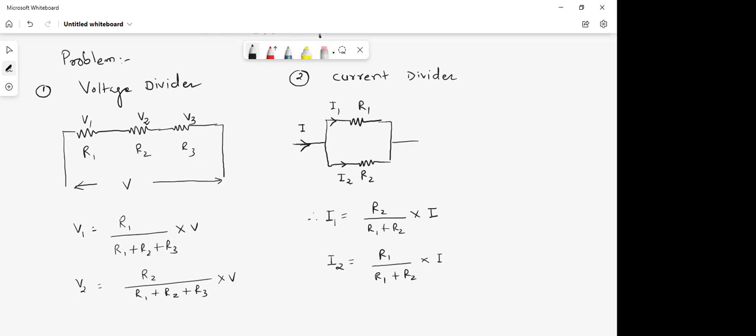Now, respectively, these two formulas are representing your series and parallel.